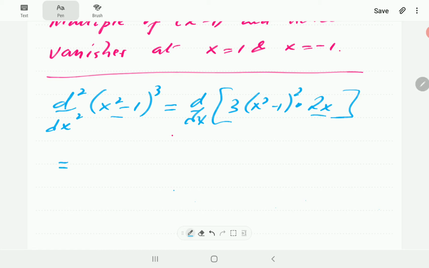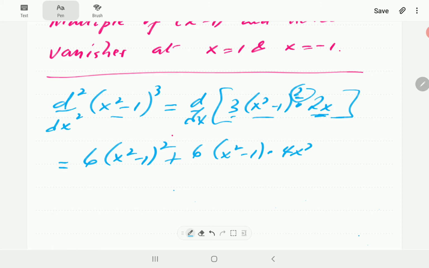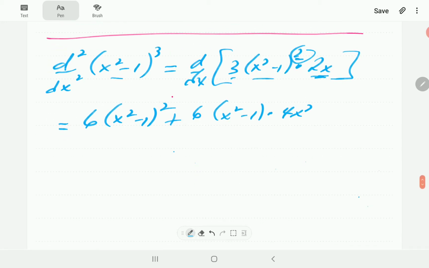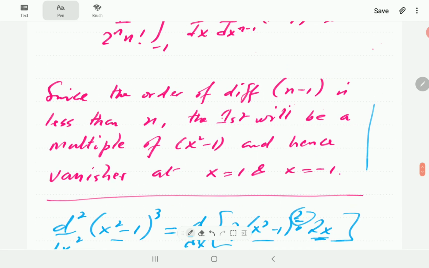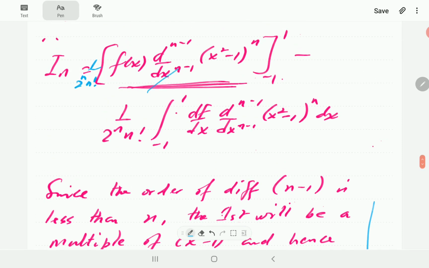If we differentiate the 2x, this is just going to be 6 times (x squared minus 1) squared. Then plus, differentiate this and keep the other fixed. So 2 times 3 is going to be 6, then we've got (x squared minus 1) to the power 2 minus 1, then multiply by 2x, so this is now going to be 4x squared. Now I can see that both terms have got x squared minus 1, so that derivative is a multiple of that. So this term is going to be 0.